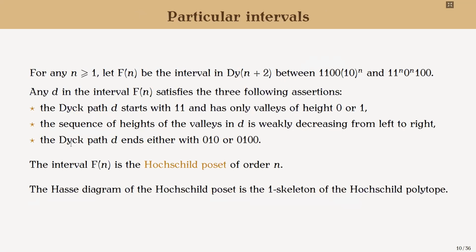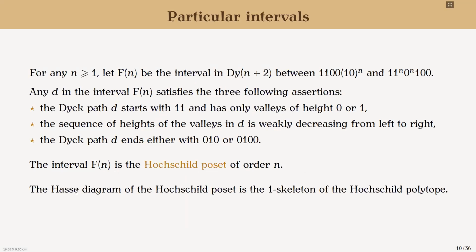And the last property is that all the paths of this interval have to end either with 0, 1, 0 or 0, 1, 0, 0. This is a fact shown by Frédéric Chapoton about this interval. And this interval, denoted E, is what we call the Hochschild poset.